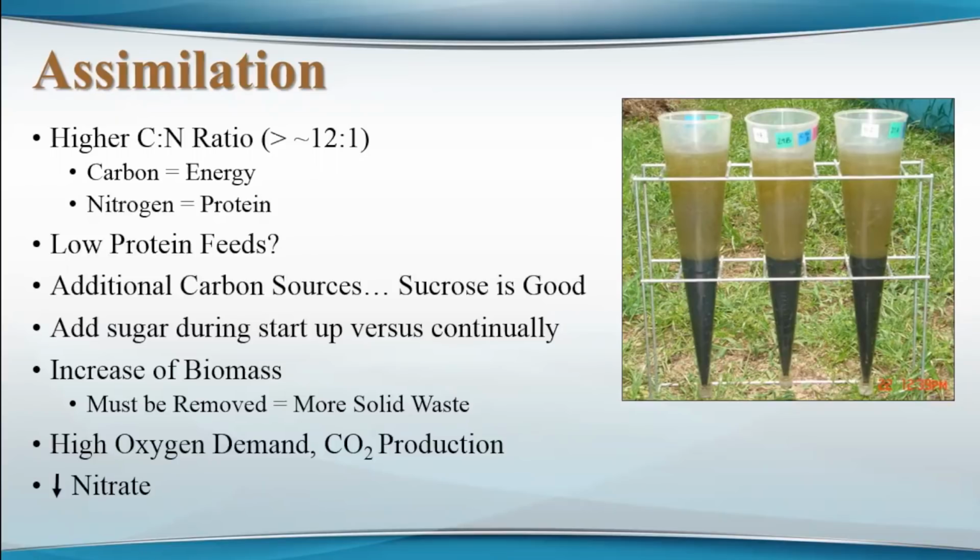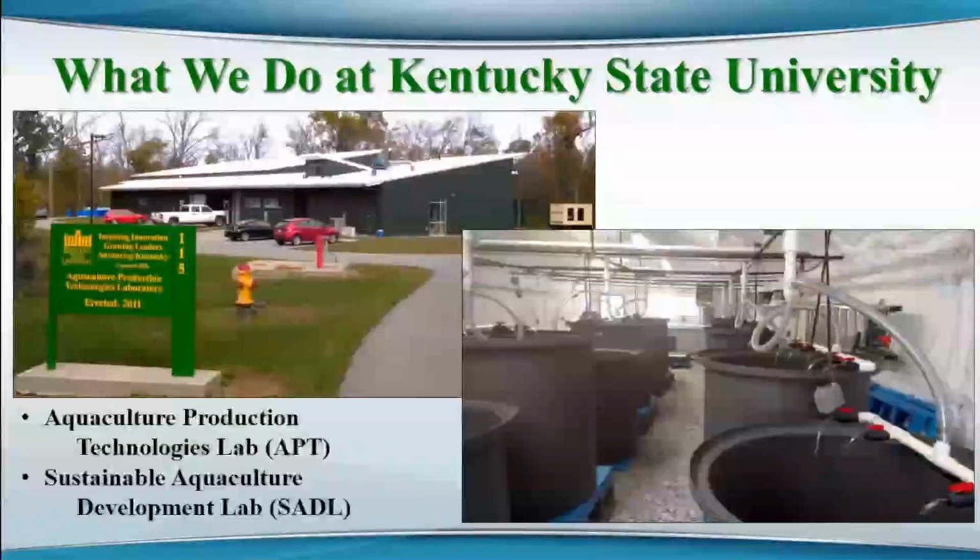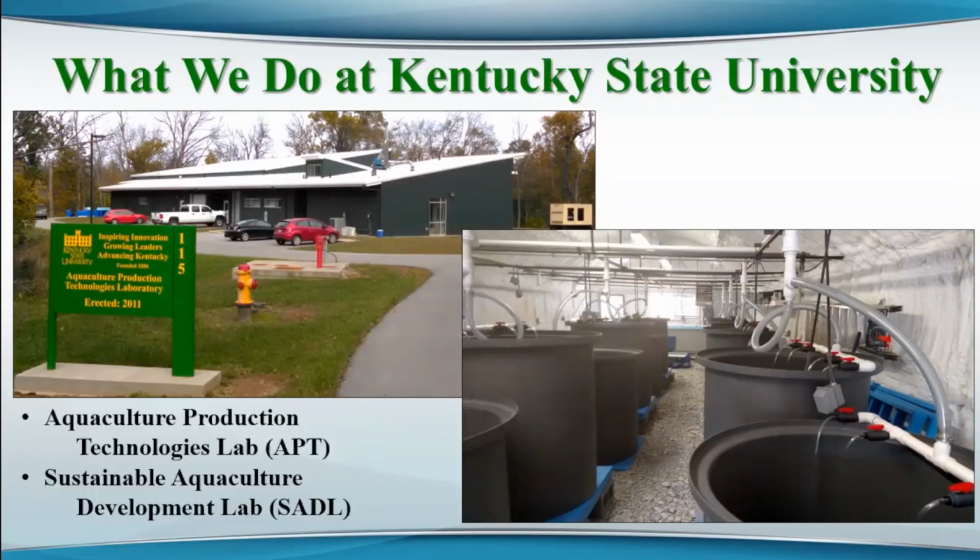But if you do this on a regular basis, you don't get the accumulation of nitrate, which is one of the big benefits of this. So that's a little bit about some of the underlying principles that dictate these types of systems.